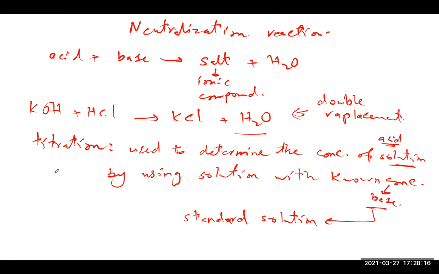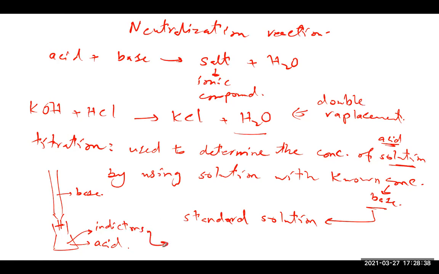And actually, in this titration, we will use a burette. We will have a burette here, and we will have the acid. This is the acid of unknown concentration, and this is the base of known concentration. And here we will add something called indicators, and these indicators will change color when the pH of the solution changes.